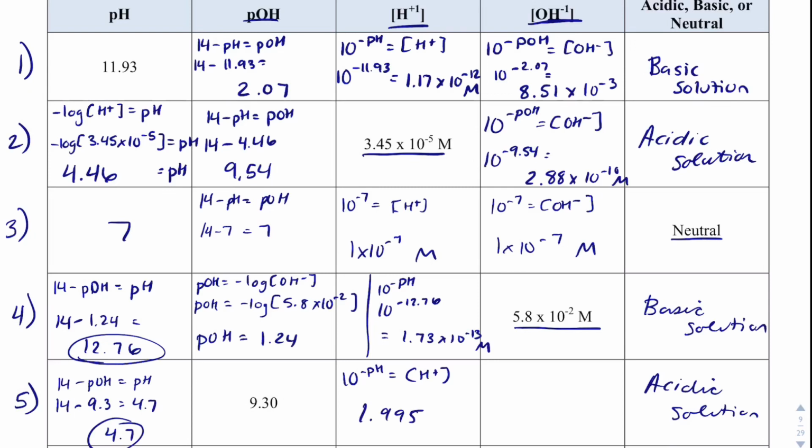So basically 2 times 10 to the minus 5. And I take 10 to the minus POH to get my hydroxide concentration. So 10 to the minus 9.3, and I get 5.01 times 10 to the minus 10.